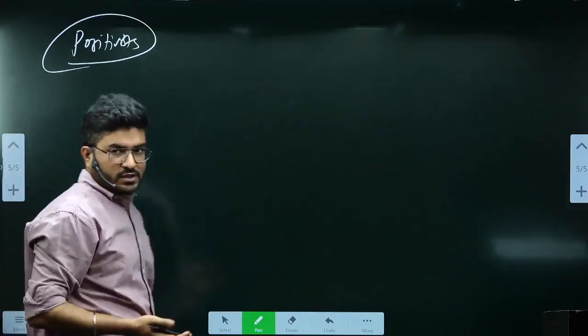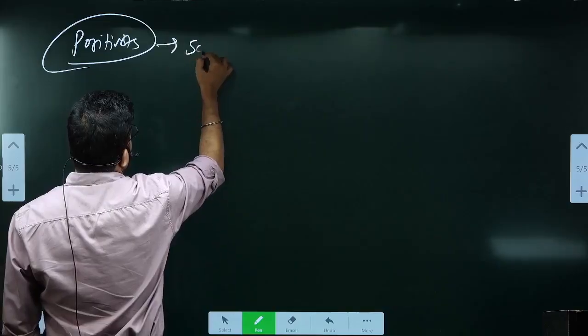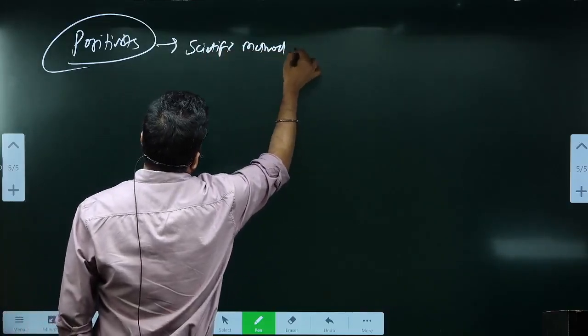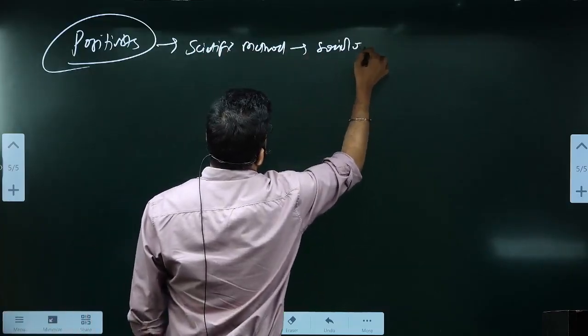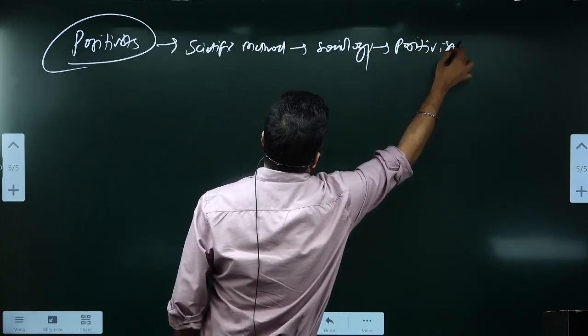What are the positivists? The school of thought which is approaching the scientific method for sociology is what the positivist school of thought is all about. Simple.